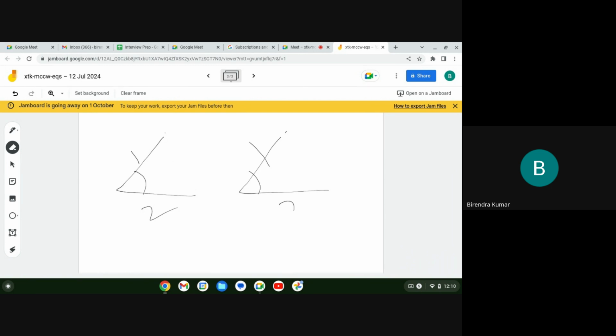Let's say you have drawn these two angles with the given side, this side matching with this one, this side matching with this one, and this is the angle that you have kept. You did not keep this angle. You did not keep this angle. You just match the angles.